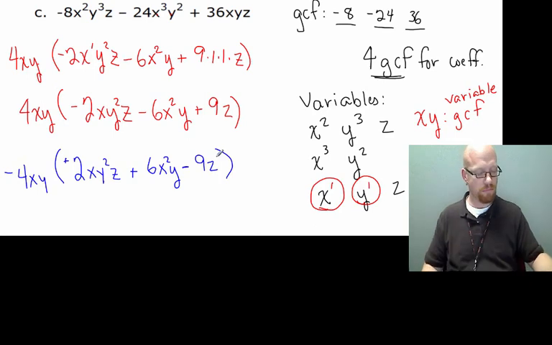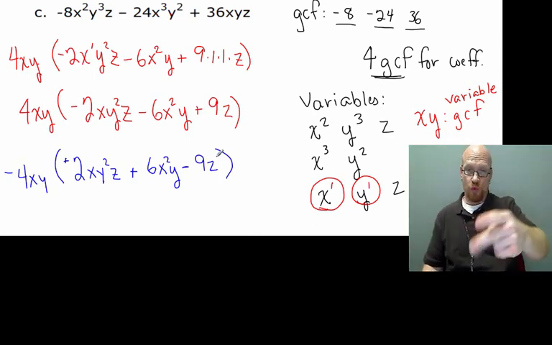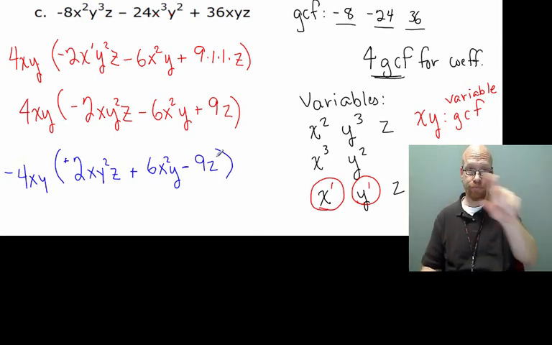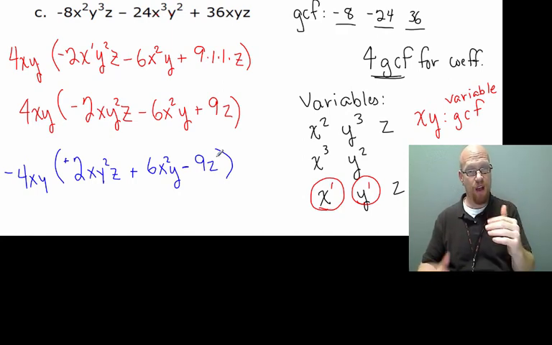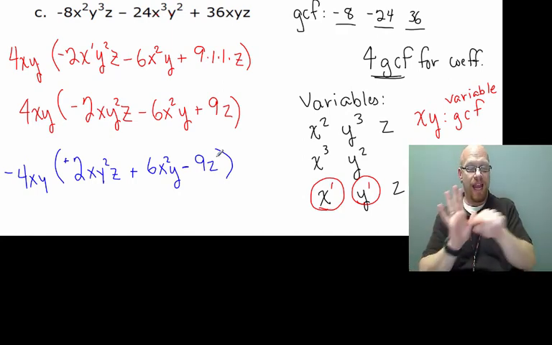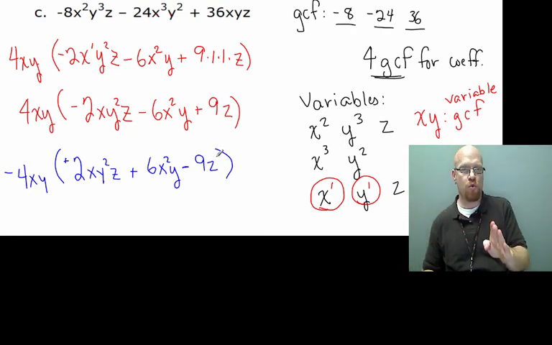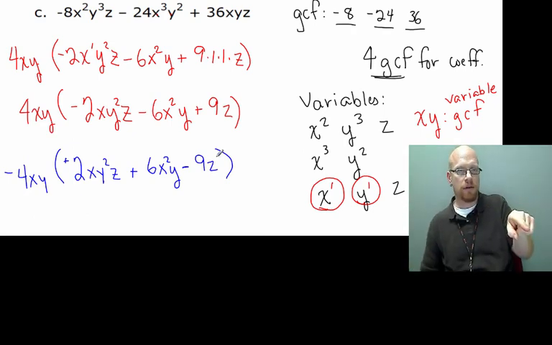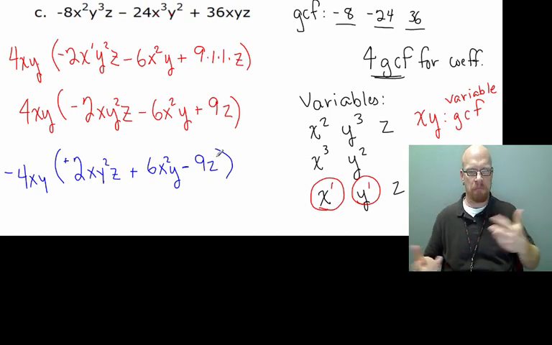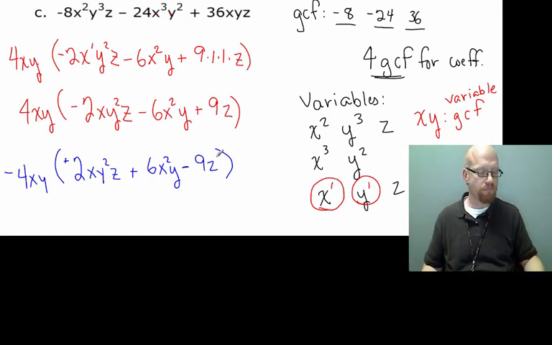So, as you can see, the two answers, the red answer and the blue answer, really are equivalent. But I pulled the negative out in the blue answer, so leaving the positive terms behind. For now, either answer is just fine.